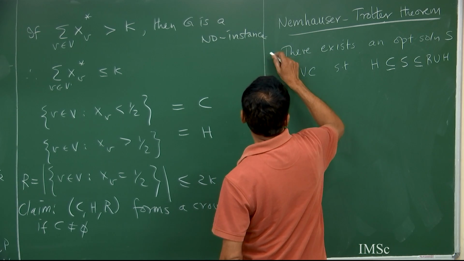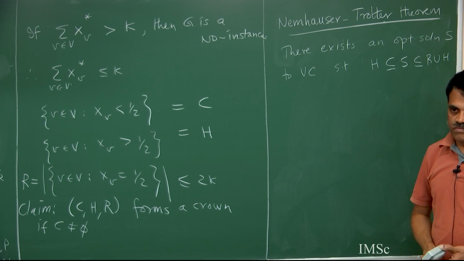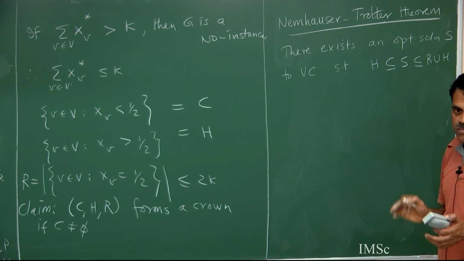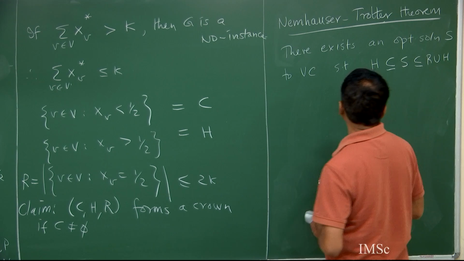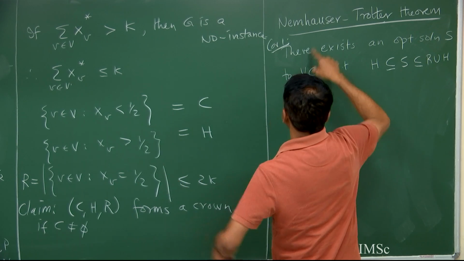So, Nemhauser-Trotter didn't talk in terms of crowns, but here is a proof of the Nemhauser-Trotter theorem. You can think of it as a corollary, corollary one, which follows because of this theorem.